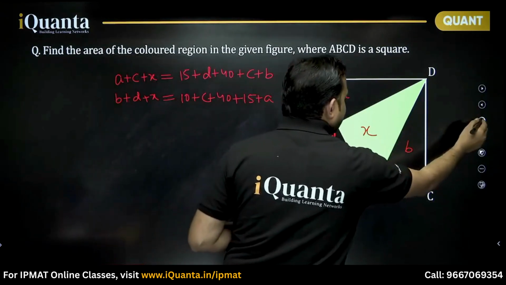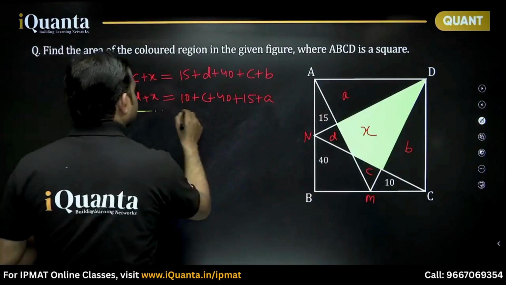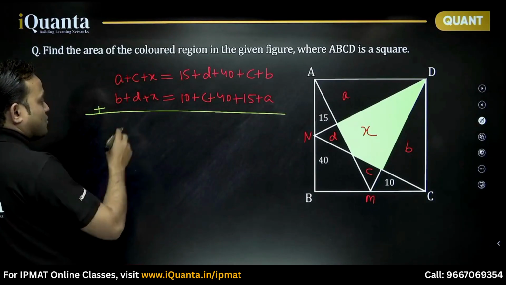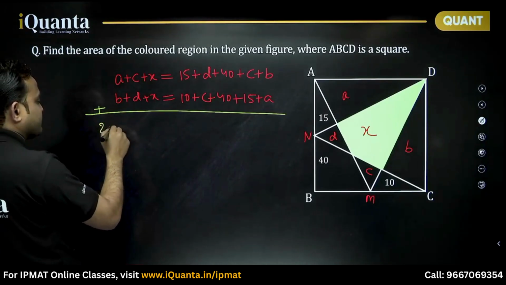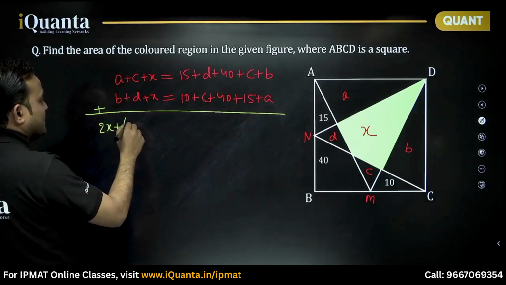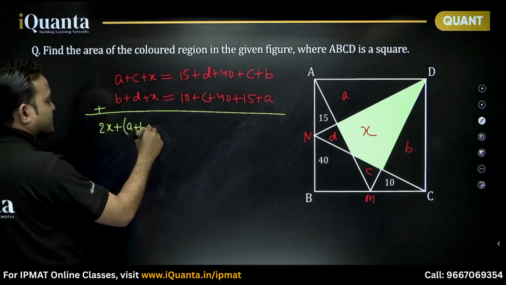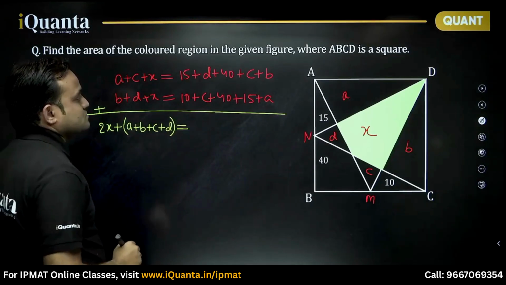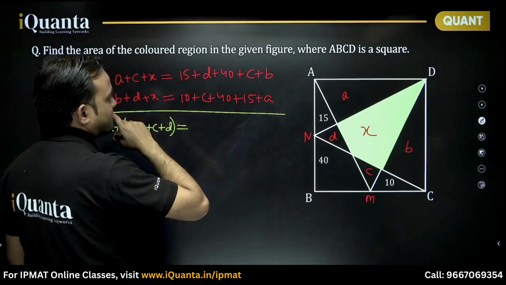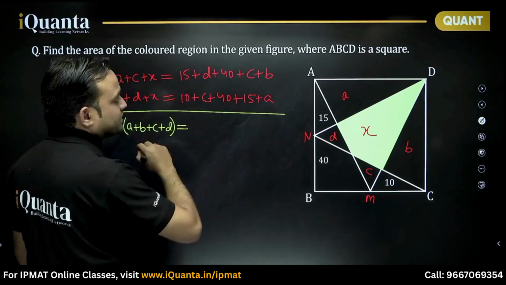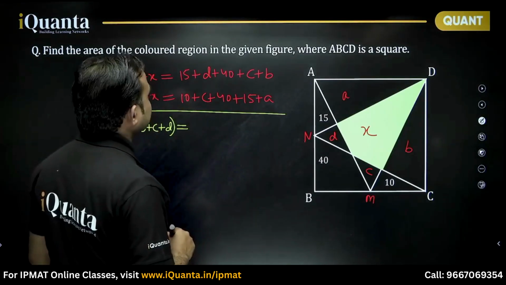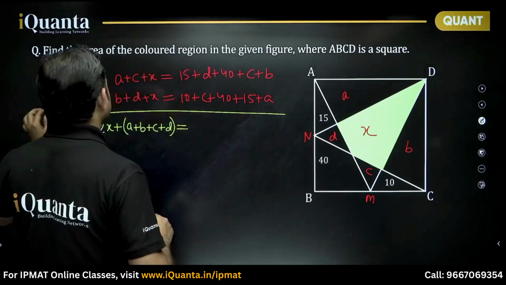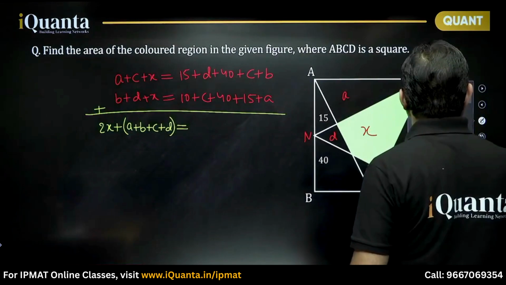Now if I add these two, what do we get? This will become 2x plus A plus B plus C plus D, which will be equal to, now we have 10, 40, 15. I missed this here, it should be C plus 10 here.